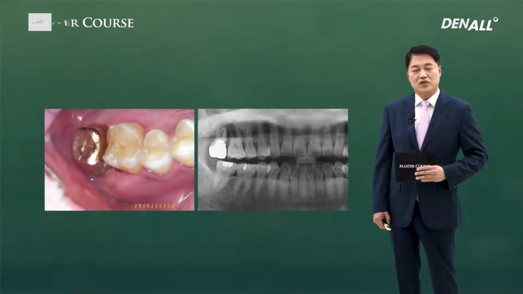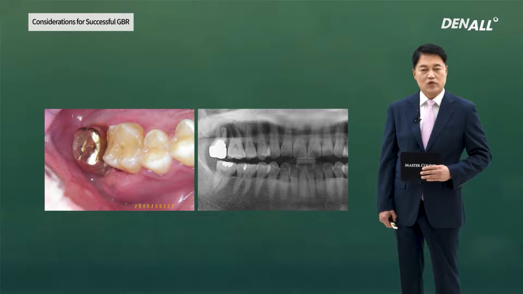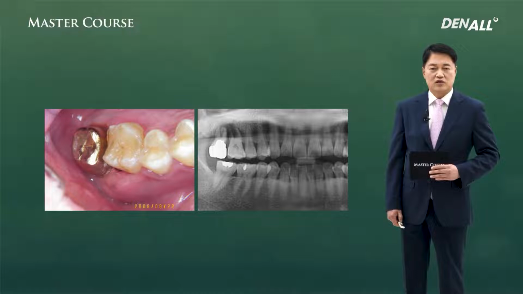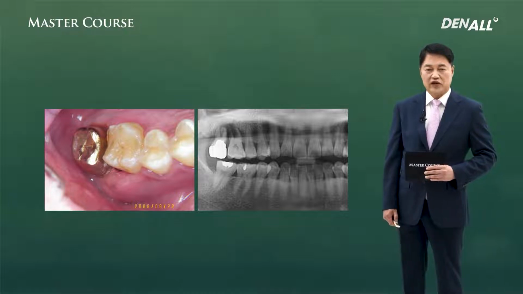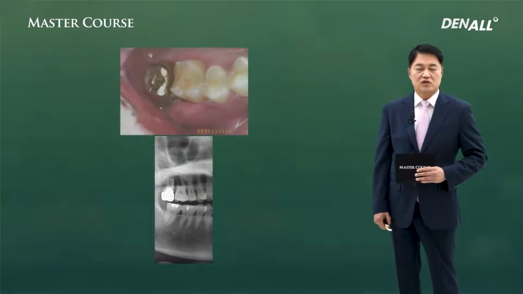As you can see, in number 16 and 17, there was chronic periodontitis. The patient wanted implants and had a lot of fear, so immediate implant placement was planned and appropriate GBR was also planned. This is before surgery and the clinical image.